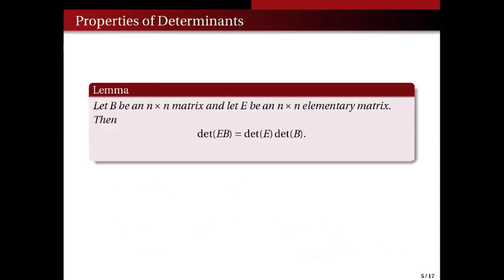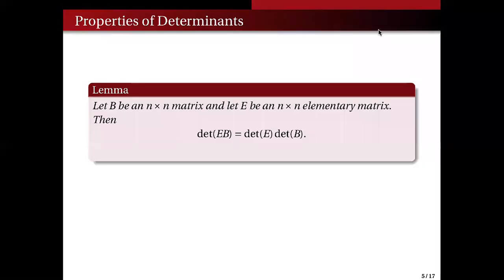You either switch rows, or you multiply a row by some scalar k, or you add a multiple of a row to another row. That's the third one.